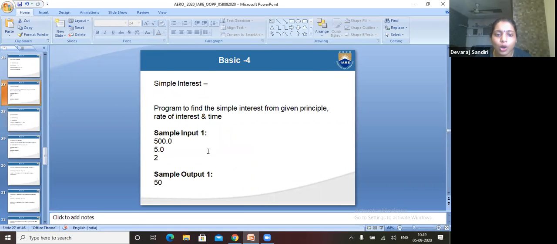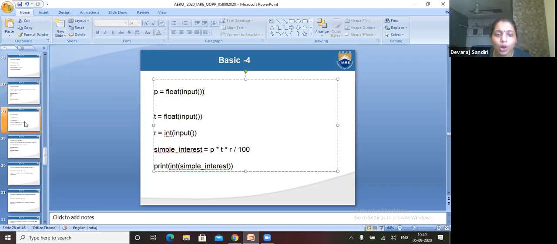Here you have to take, what is the output here? 500.0 is the input you have to give, 5.0, and here what you will give input? 2. If you will give these 3, if you will get correct output, what is the output? Our 50. If you will get here output 50, then you will get 100%.